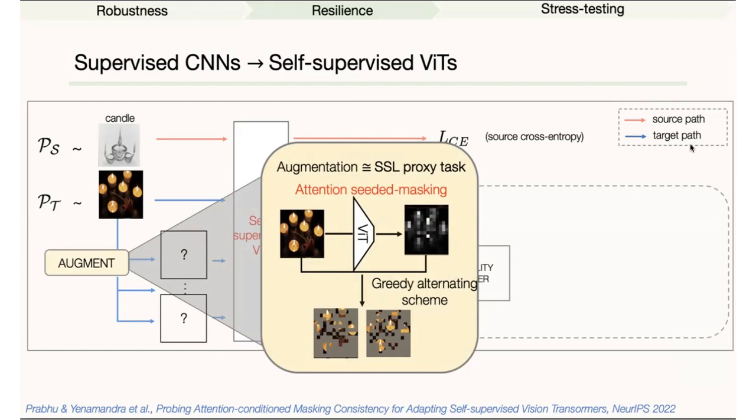But I guess it is worth exploring whether there are cases where the attention itself is unreliable, and maybe we just want to do, we also have a random masking scheme, so you can still do random masking. But yeah, that's a great question. We haven't really studied that. Okay, nice.